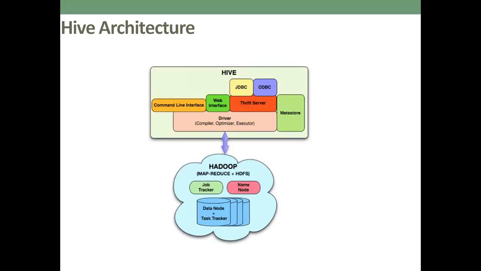For that we need either JDBC or ODBC connections. For that we need one component called the Hive server or the thrift server. So what does the thrift service or thrift server mean?